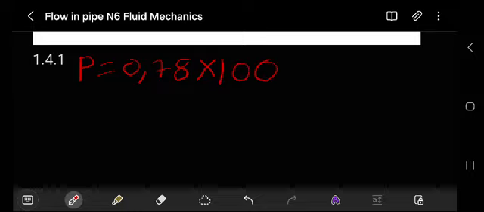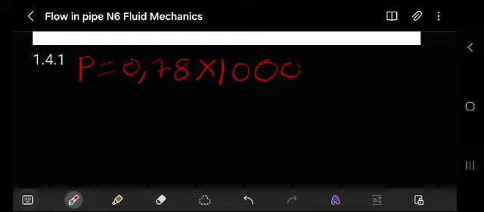We know that the density of the substance will be equal to the relative density, 0.78, multiplied by 1000.